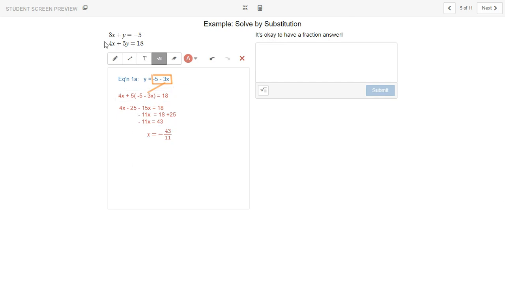We need to substitute it back in. And with a fraction, it makes it a little bit trickier. So we're going to substitute, let's use equation 1. 3 times negative 43 over 11 plus y is equal to negative 5.